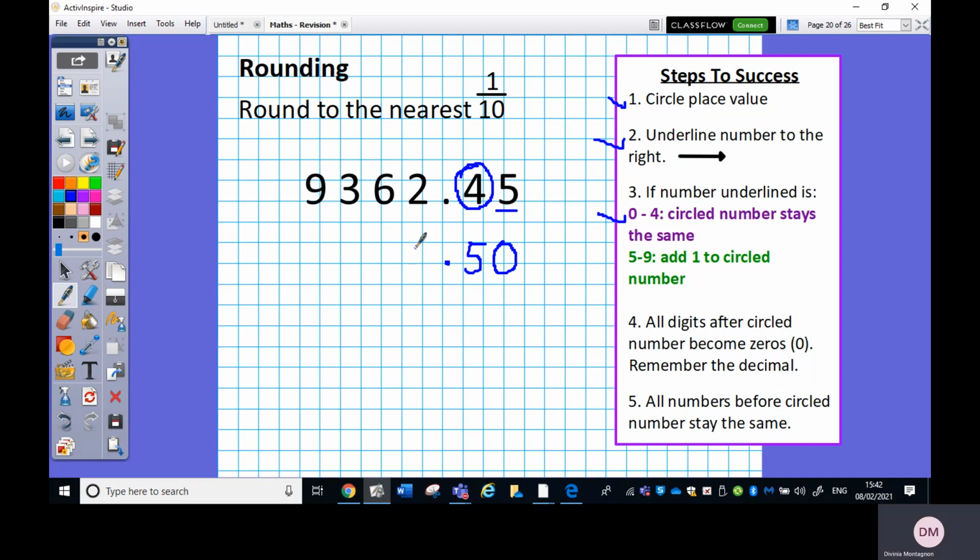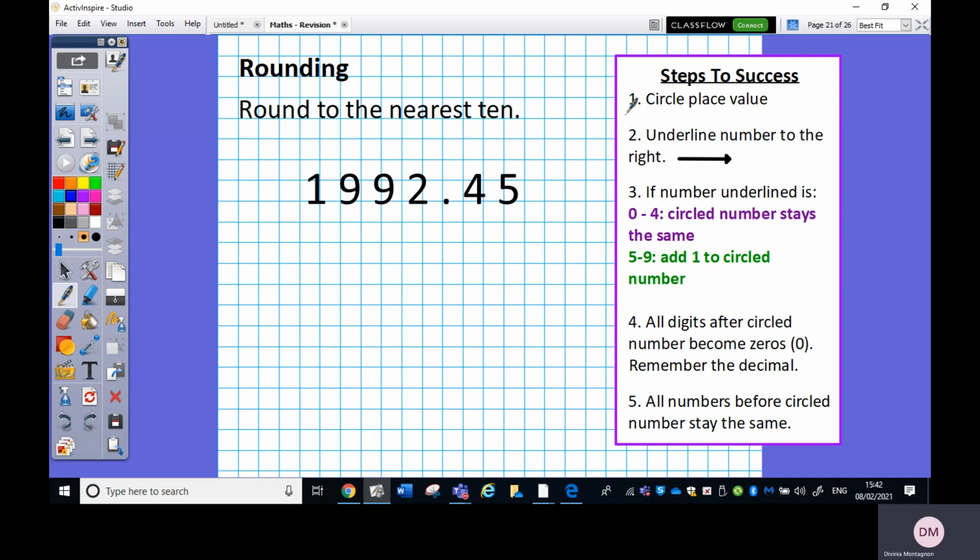Yeah, all of these digits stay the same. So I'm going to copy them exactly as they appear in exactly the same place value. Great. So now, rounded to the nearest 10th, it is 9,362.50, or I can write it 9,362.5 because there isn't a number after the 0, so I can leave the 0 off.